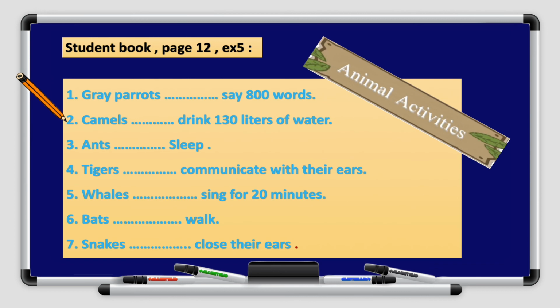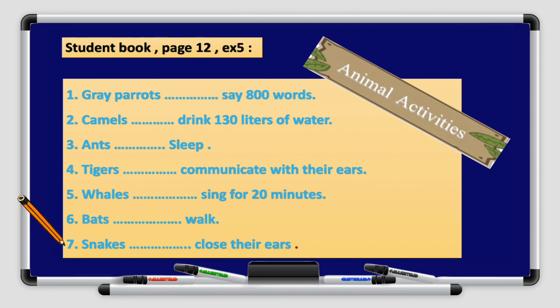Camels drink 130 liters of water. Ants sleep. Tigers communicate with their ears. Whales sing for 20 minutes. Bats walk. And the last one, snakes close their ears.